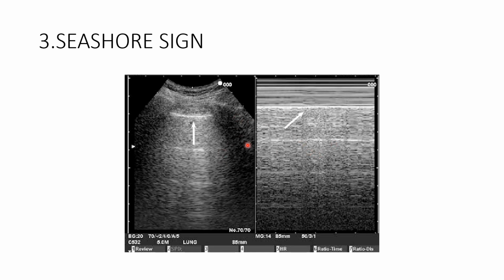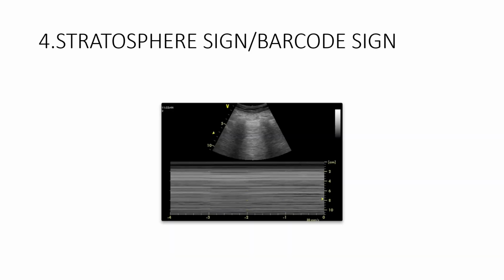So this is known as the seashore sign. It is also a normal sign. So we have covered three normal signs: bat sign, A line, and lung sliding or the seashore sign.